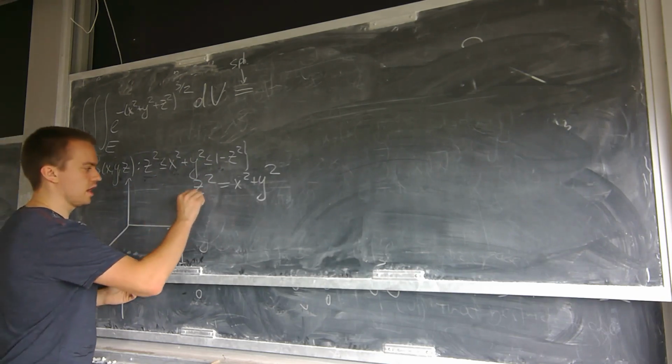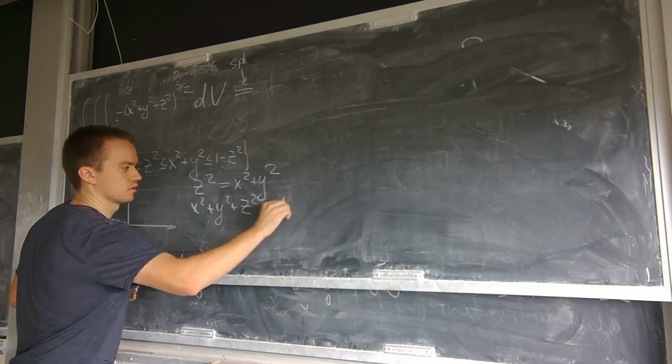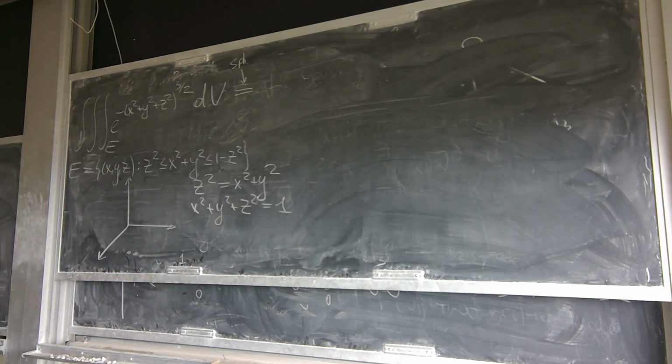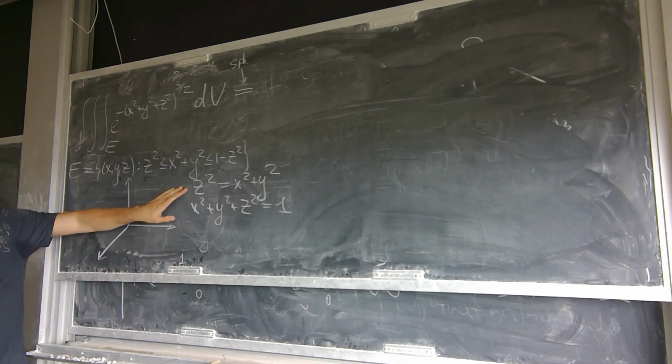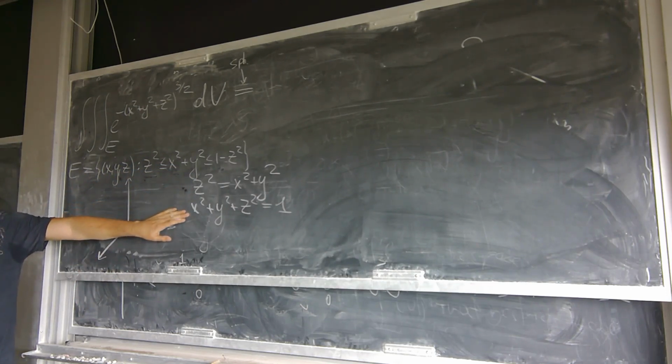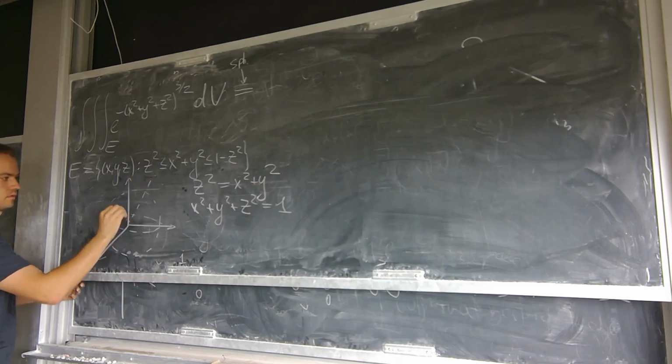So we'll have x squared plus y squared plus z squared equals 1. Every time you see these inequalities, don't be scared to just write them set equal to each other. And what is the name of this surface? Right now we have a sphere, and we have a cone.